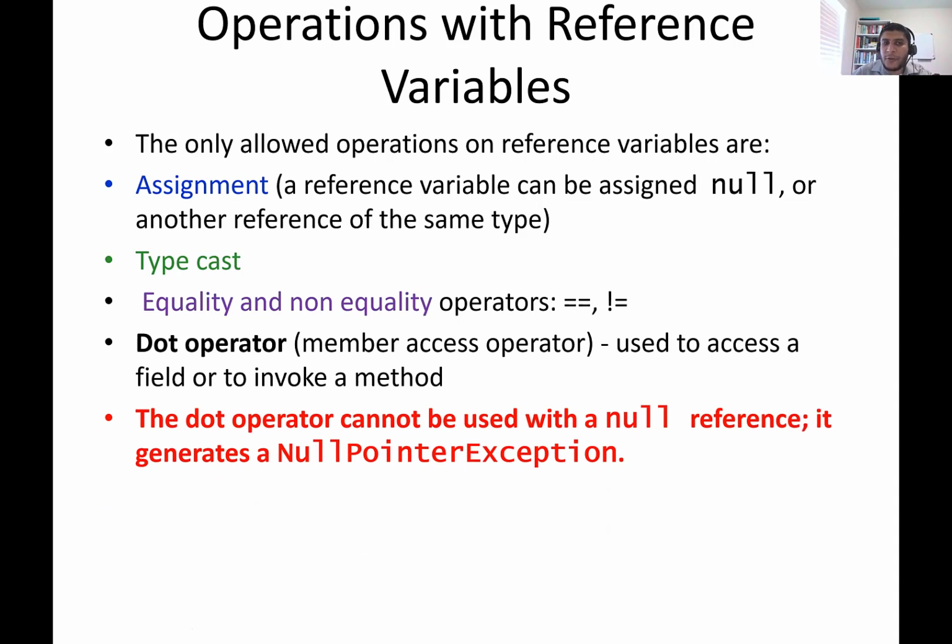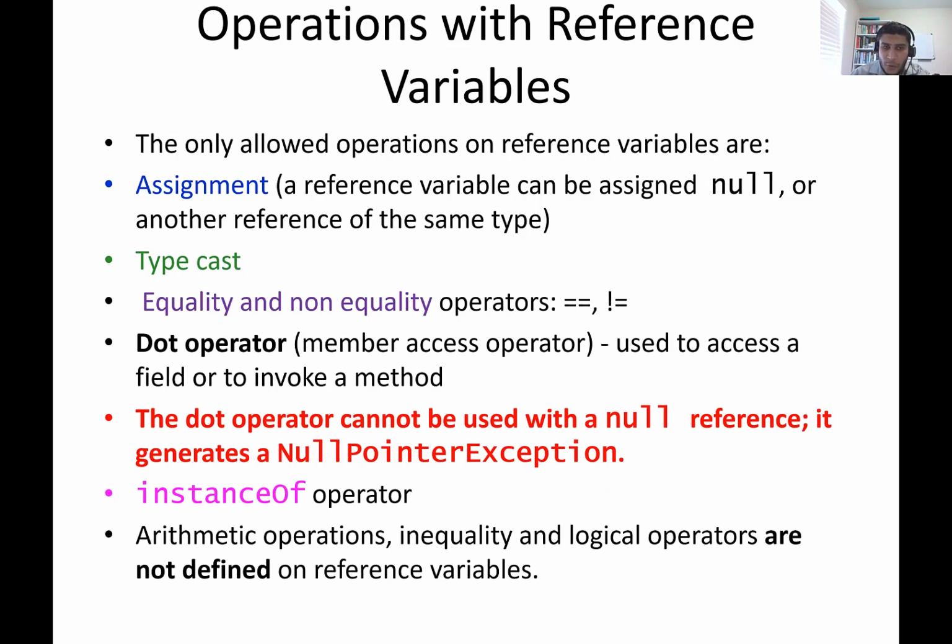The rule here is you cannot use the dot operator for an object that is null, because it doesn't have any members. Instance of is also another thing we discussed before, which is checking whether an object is an instance of a certain class or not, right? And again, we will use instance of a lot when we come to inheritance.